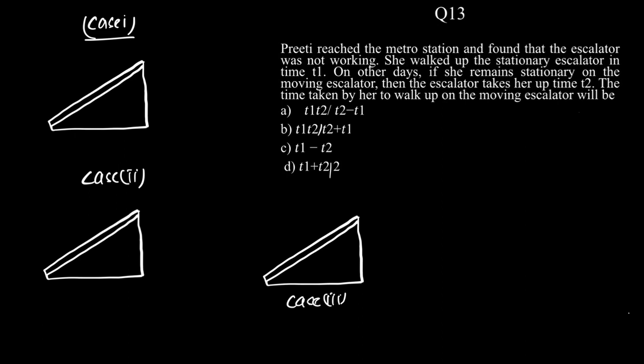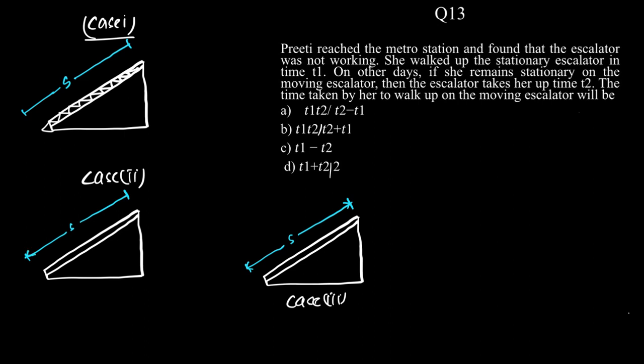Now let us say this is the escalator, and the length of the escalator is, is any value given in the question? No. So let us say it is S. So this much distance is S. This much distance is also S. Okay.